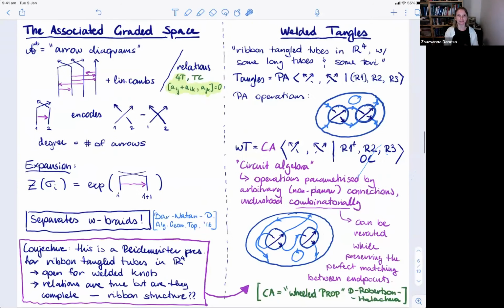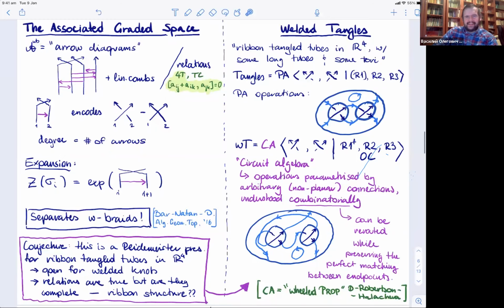And that's settled for braids, but open even for welded knots. The relations are, of course, true. It's easy to prove that all of those relations are satisfied by those topological objects, but it's not clear whether we have all of the relations. In other words, whether we have just a surjective map or a bijective map.